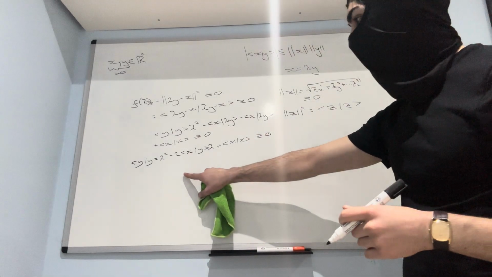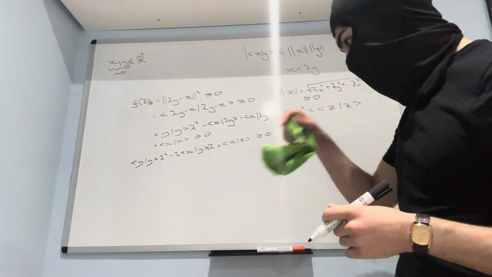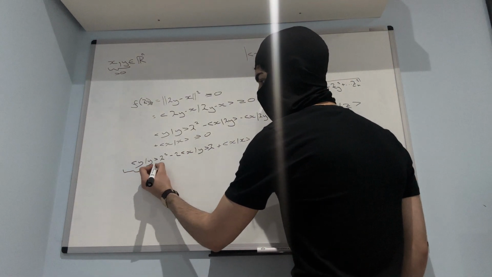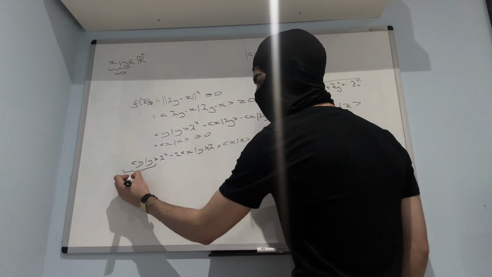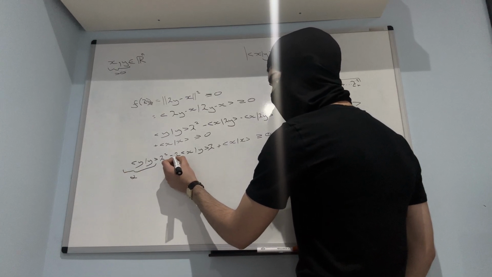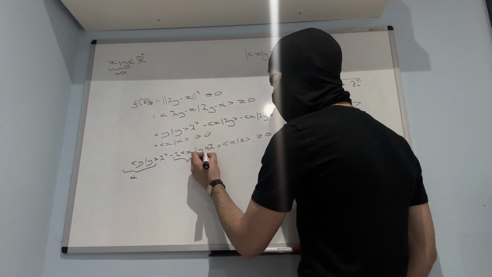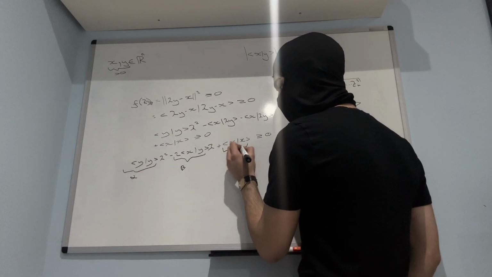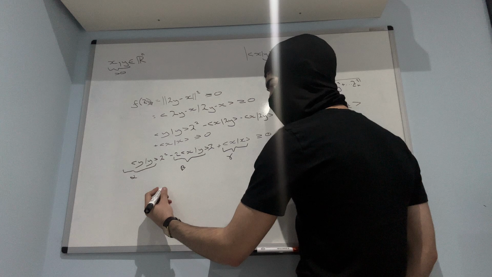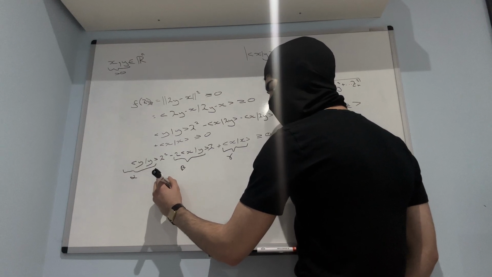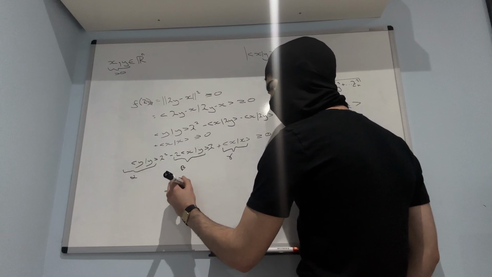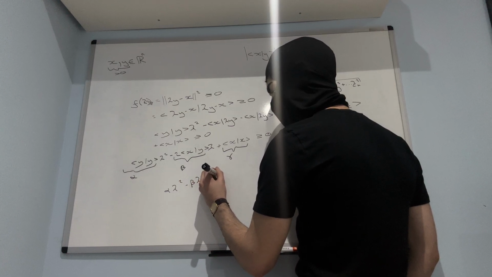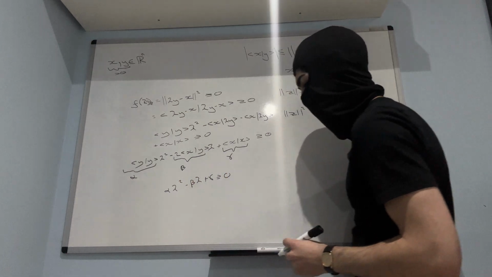Now we can rewrite this to make it nicer to read. We can call y with y alpha, we can call 2 x and y beta, and we can call this last term gamma. So we get alpha lambda squared minus beta lambda plus gamma is greater than or equal to 0.